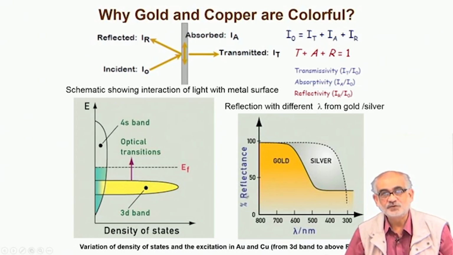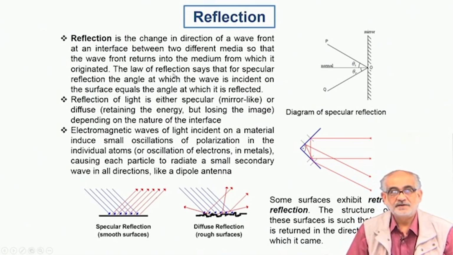The fact remains that gold is able to reflect light over a wide range of incident wavelengths. So that's why it's always glittering. Compared to that, there are other metals which are not as efficient as gold, and that's exactly the reason why gold is so precious as an ornament.